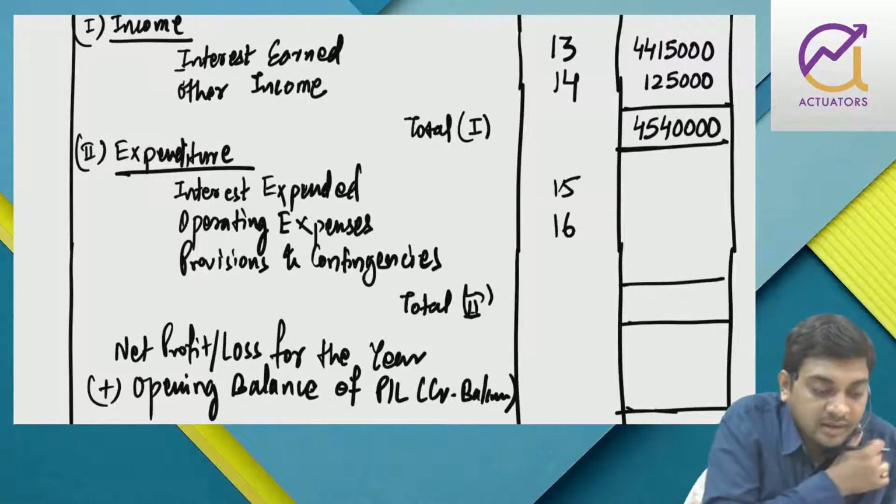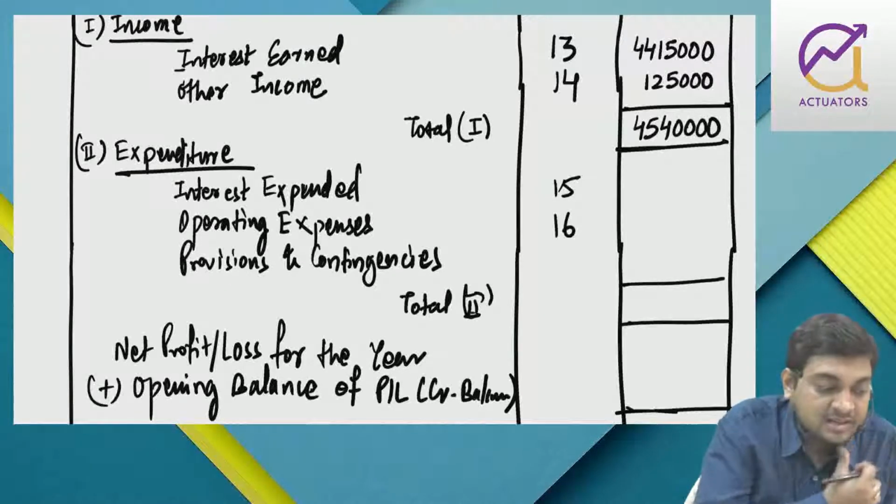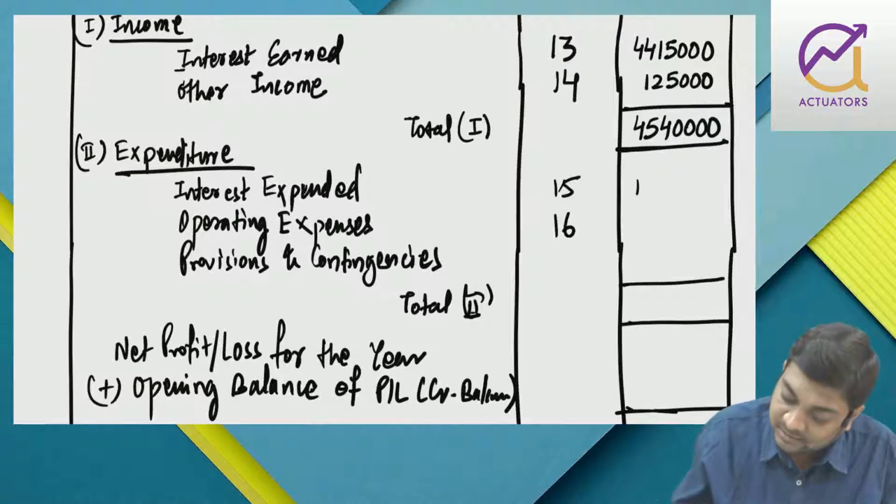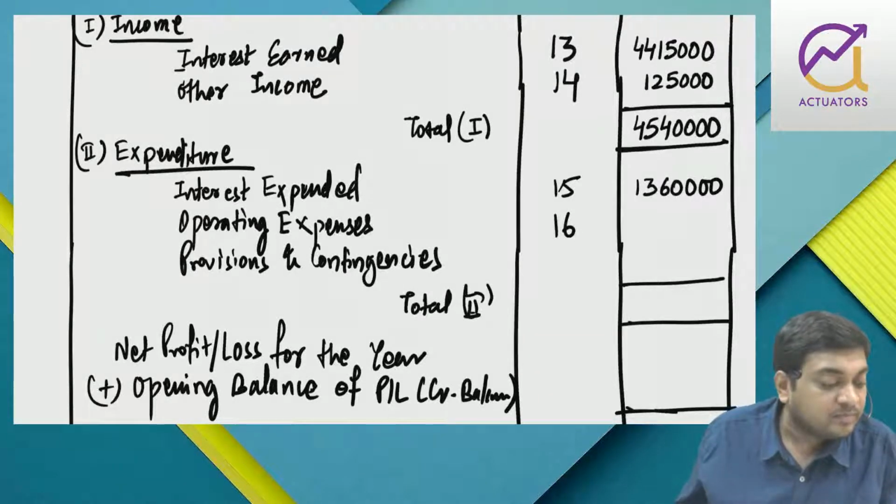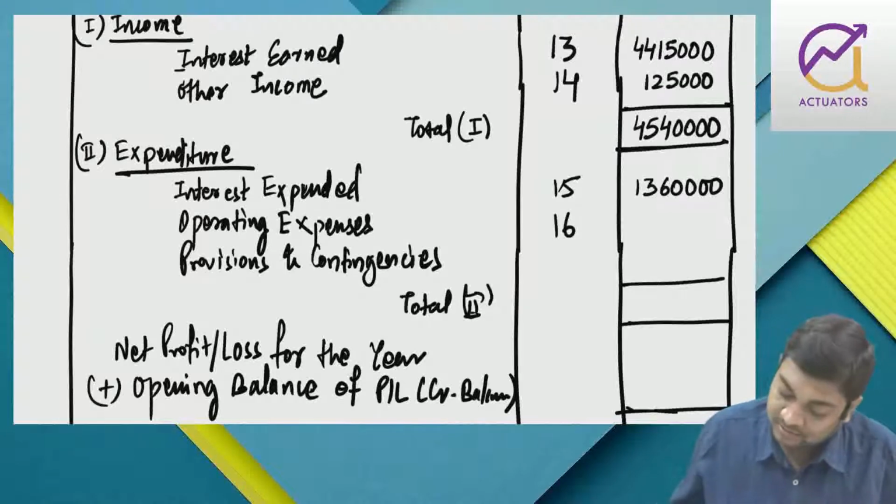Right? Interest expended 13 lakh 60,000. Then we have operating expenses 13 lakh 31,000.